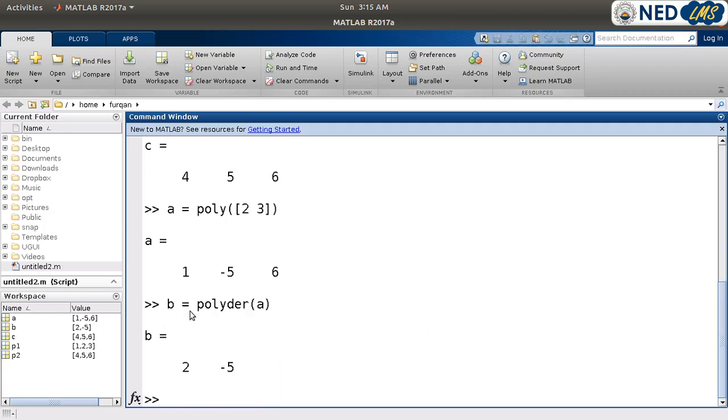Here, as evident, this is the coefficient of x square, so it will become 2x, and this is the coefficient of x, so x will be removed, and here we are left with minus 5, and this is a constant number, so the derivative of this constant will be 0.